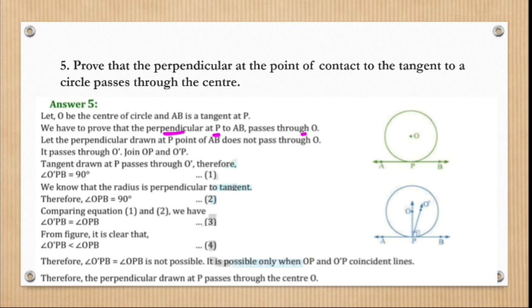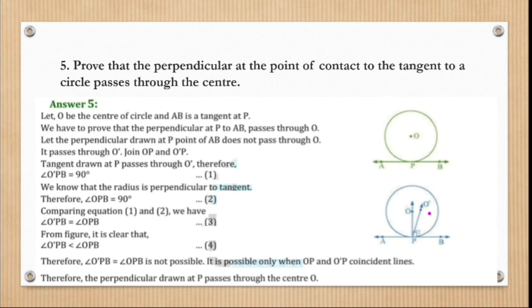Look at the second diagram. I am considering, let PO dash be the perpendicular, and it passes through O dash. So let the perpendicular drawn at point P of AB not pass through O. I am considering the perpendicular is not passing through point O, it is passing through point O dash.